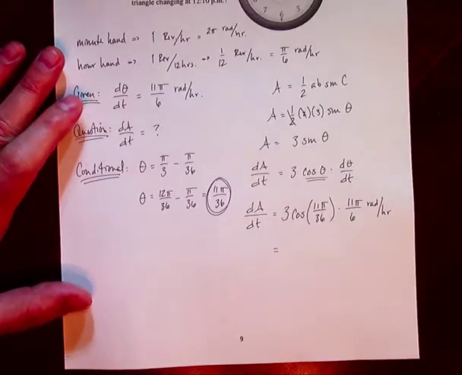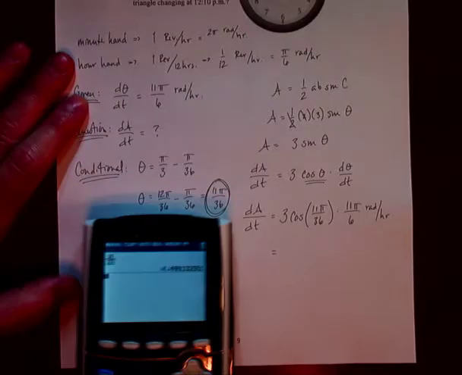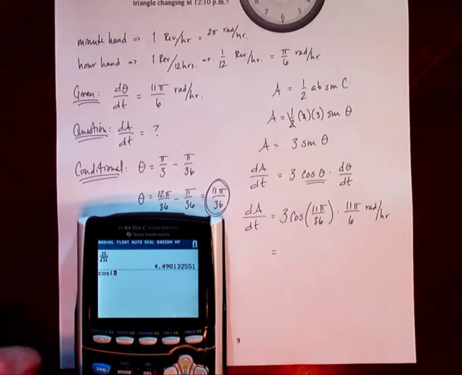Okay. Let's go ahead and plug that in: cosine, and we'll go ahead and use our ratio to make sure we don't make a keystroke error, 11 pi over 36, times 3 times, and we'll do another ratio again to make sure we don't make a keystroke error, 11 pi over 6, and boom.